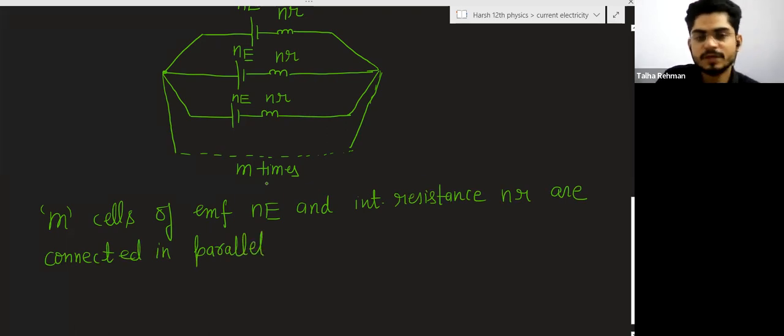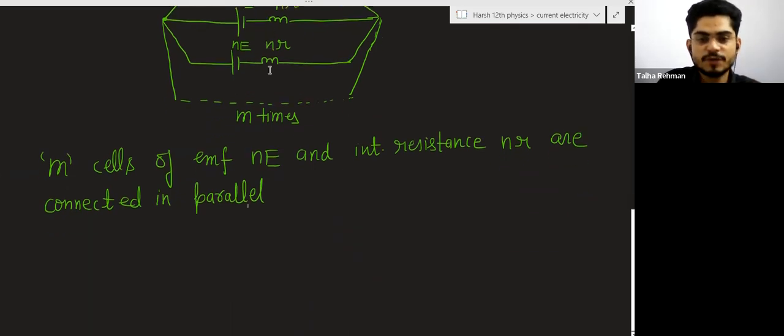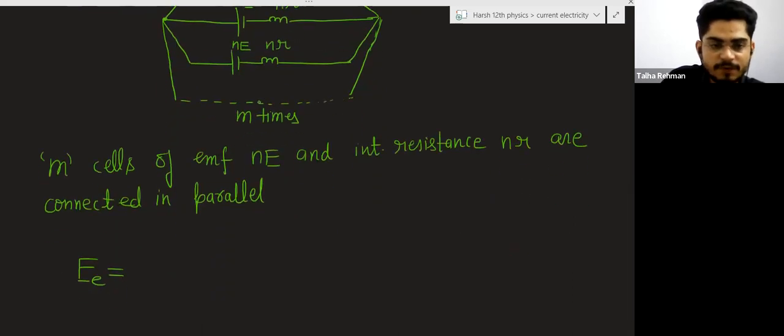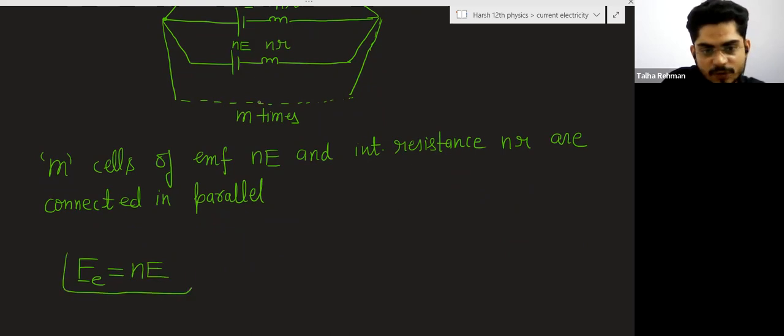You can see from here, this is a parallel connection of this cell, this cell, this cell, and there are m such cells. So if you want to find the equivalent of this circuit, then you will find the equivalent EMF is nE, because in a parallel combination of identical cells the EMF remains the same.